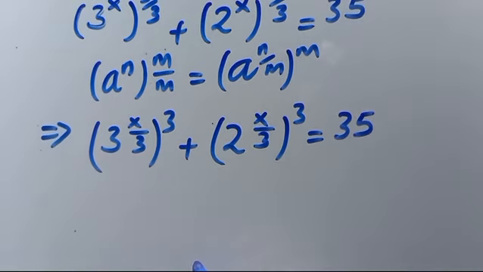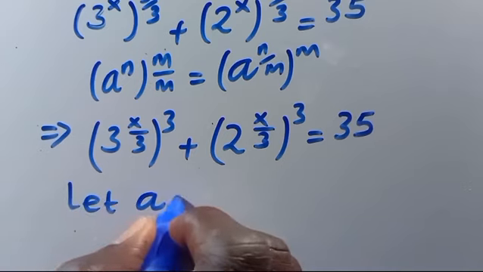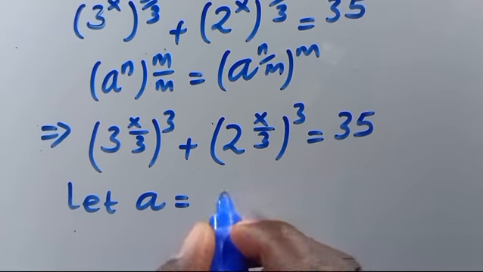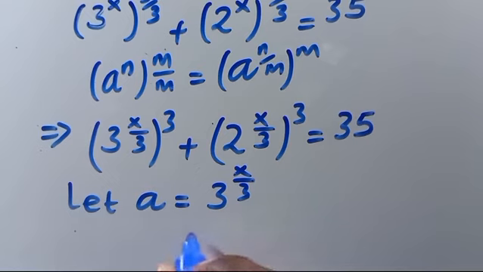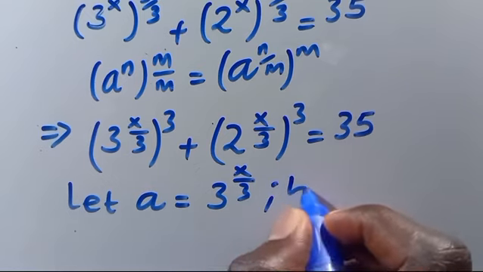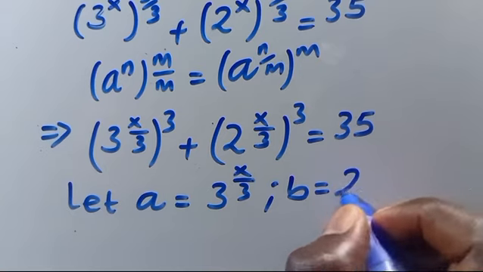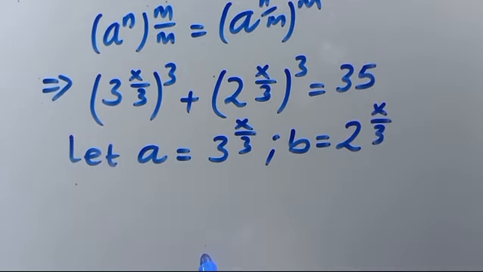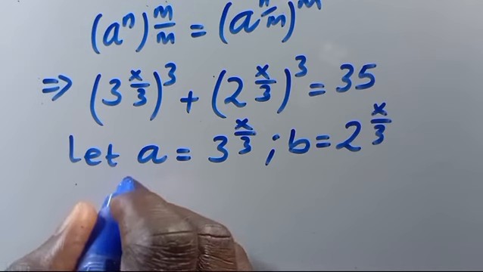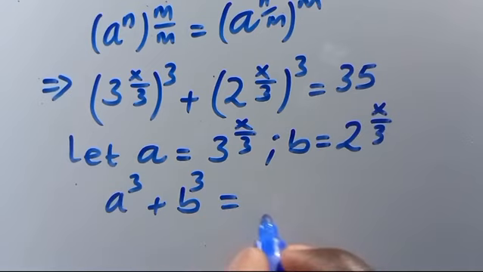Then if we let a be equal to 3 to the power of x over 3, and b equals 2 to the power of x over 3, from here we have a to the power of 3 plus b to the power of 3 equals 35.